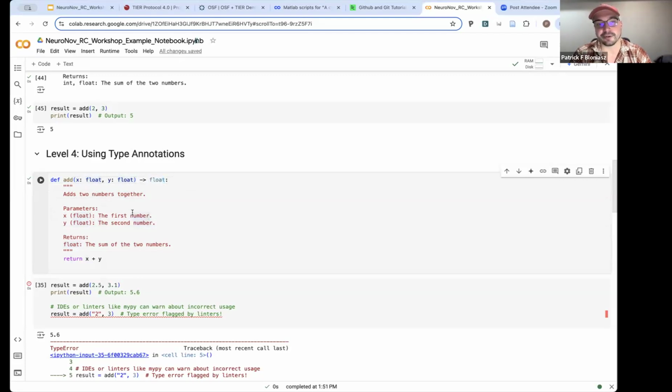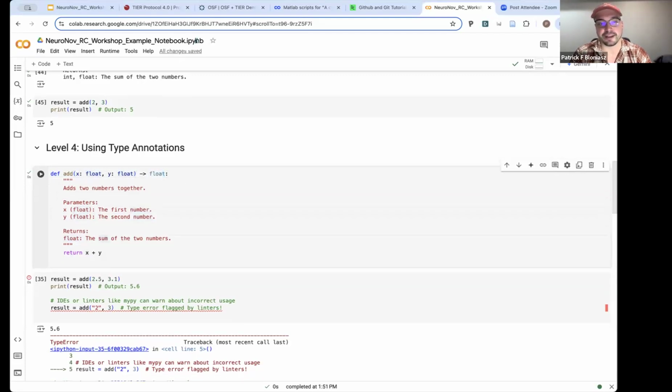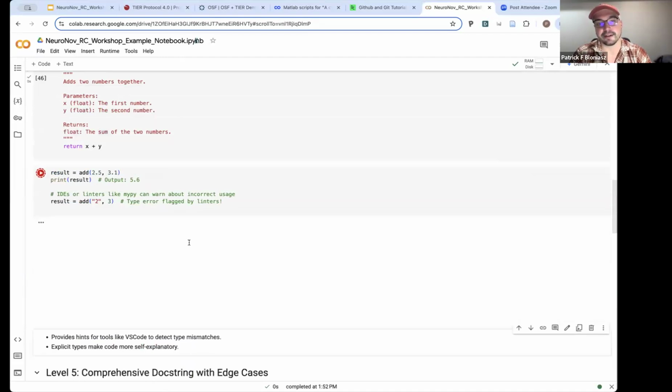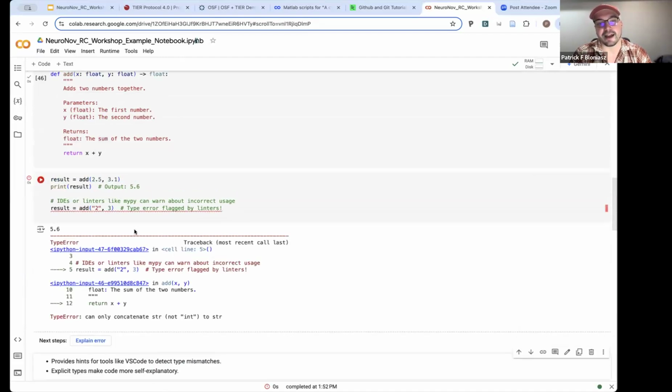It's a little bit harder to read, but what that allows us to do is, when there's an error here, it allows the language to guess at what the issue actually is, even if you didn't come up with a correct error handling approach. So here up top, I'm adding two numbers together and I expect 5.6. That's exactly what I'm getting.